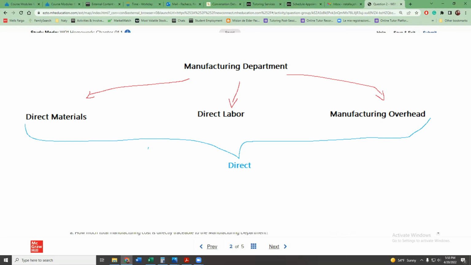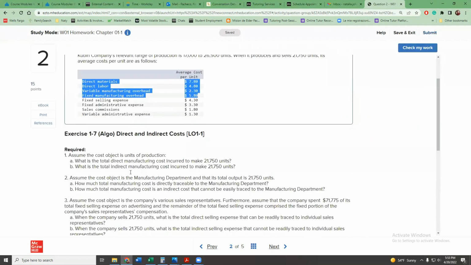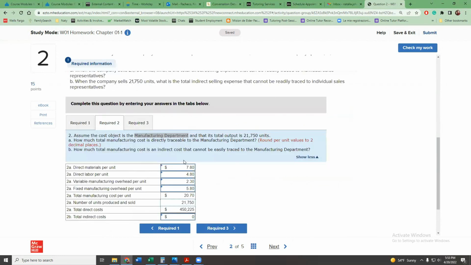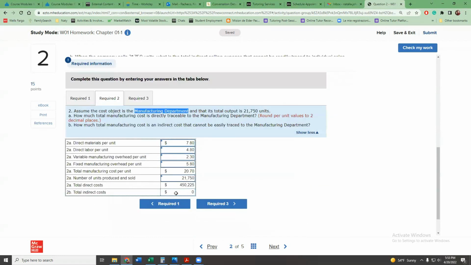So even the manufacturing overhead costs are direct for the manufacturing department. These costs are not for the manufacturing department, so we're not going to worry about them. So in this case, the total indirect costs are 0.